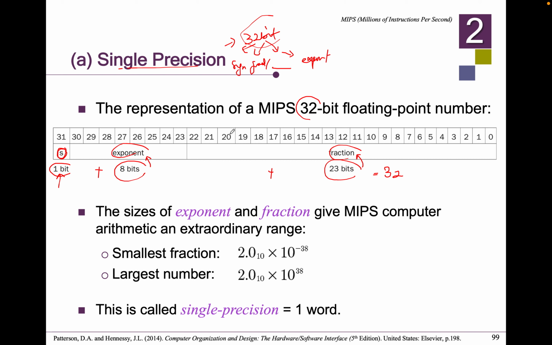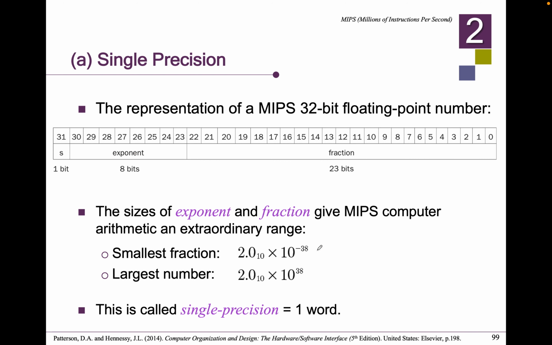As normal, we have a range for our IEEE 754 standard, and the range is determined by the size of the exponent and the fraction, which gives MIPS computer arithmetic an extraordinary range. So we have the smallest number, which we can call the lower bound, and also the upper bound.